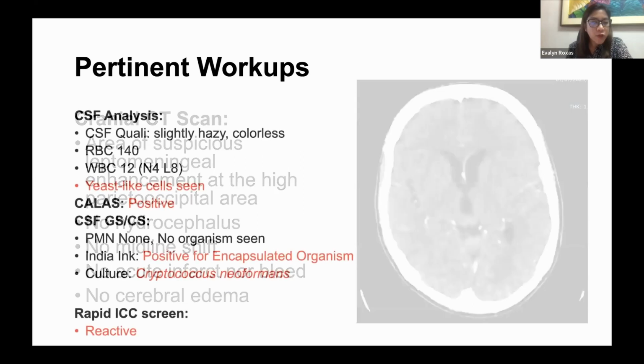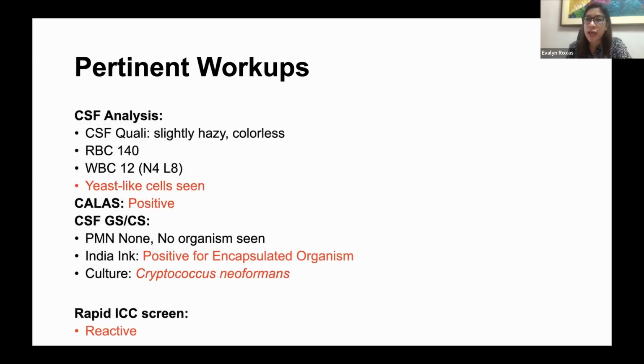edema. So other laboratory tests, again, a lumbar tap was done, which showed yeast cells on CSF analysis. A CALAS, this is a serology, another test for detecting crypto, turned out to be positive. This is CSF CALAS, it turned out to be positive.